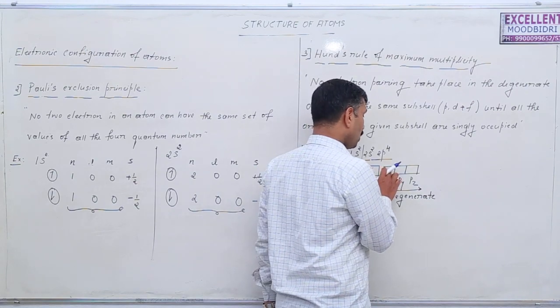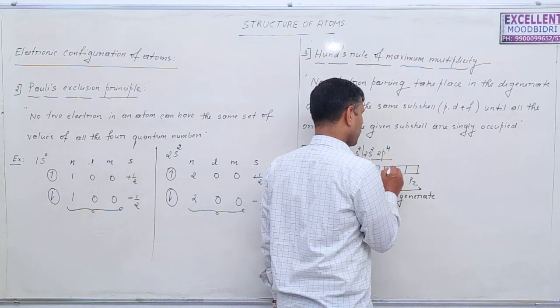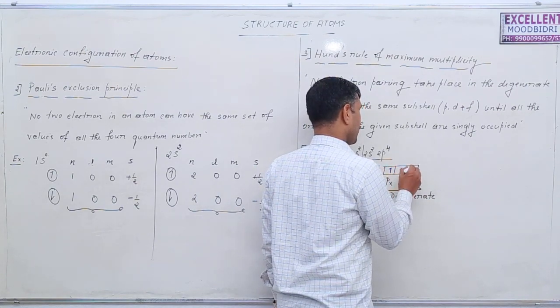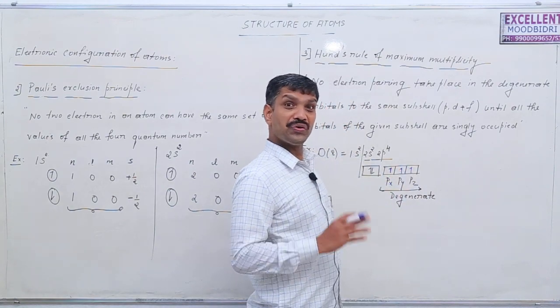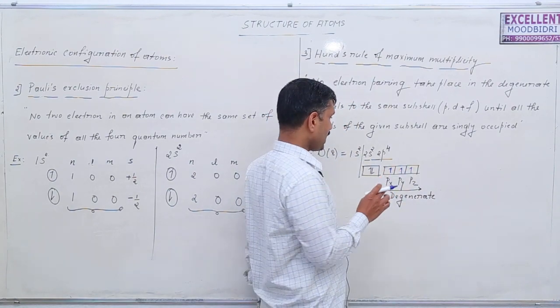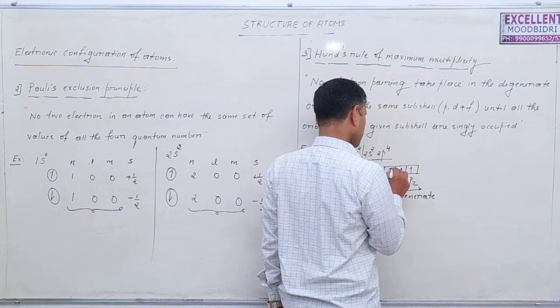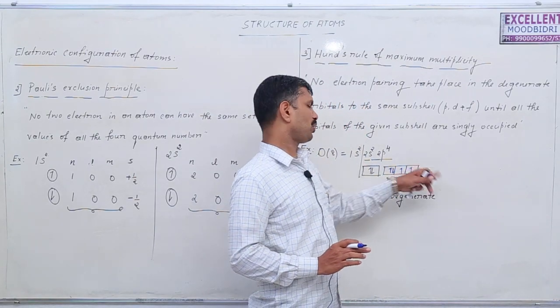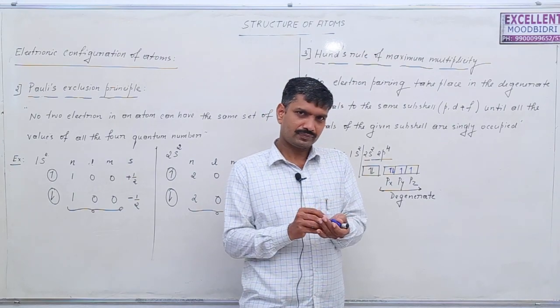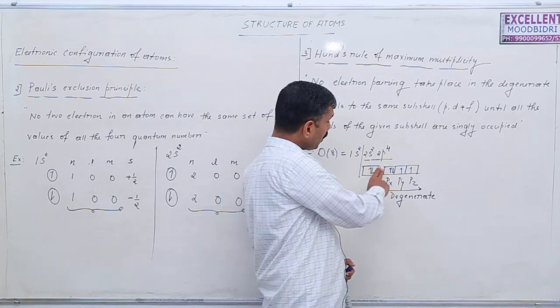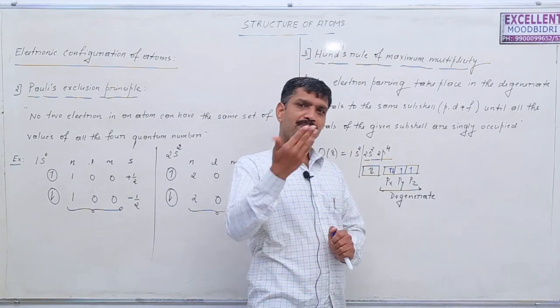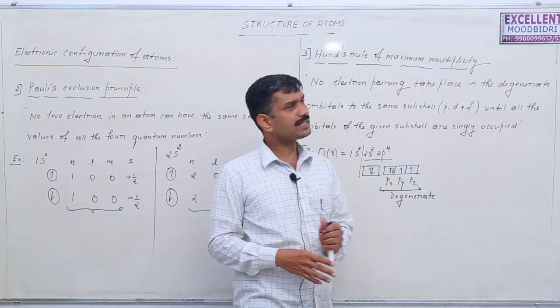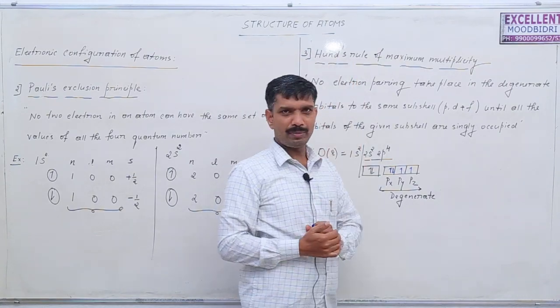First all the orbitals are singly occupied. The 4th electron enters any one of these, px or py or pz, no problem. First all the orbitals are singly occupied, afterwards pairing of electrons takes place. That's called Hund's rule of maximum multiplicity.